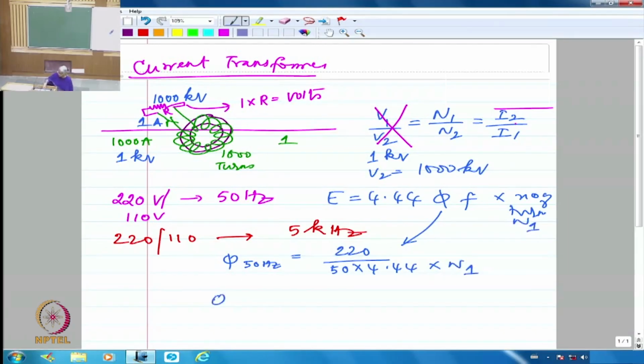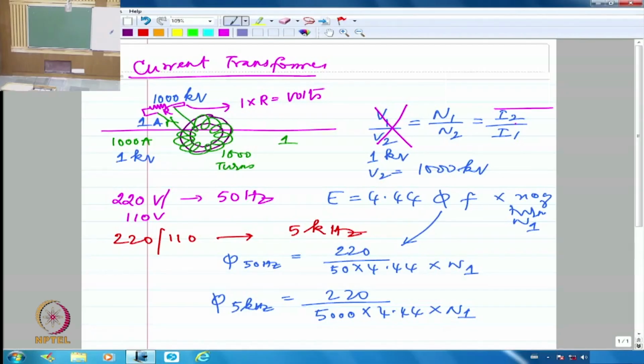Whereas phi corresponding to 5 kilohertz will be 220 divided by 5000 multiplied by 4.44 multiplied by N1. So clearly when I increase the frequency, flux required decreases, because d phi by dt is the one which decides how much is the voltage induced. So dt will shrink when I look at higher frequency.